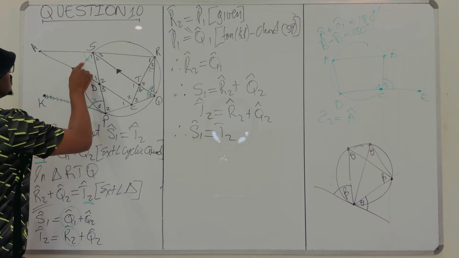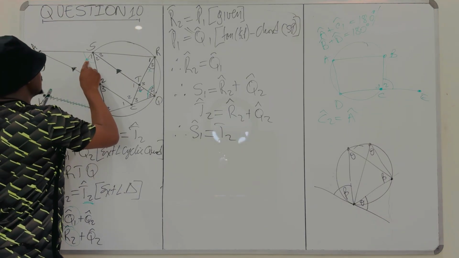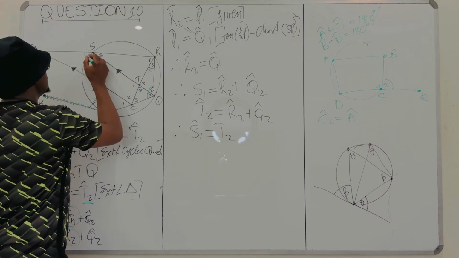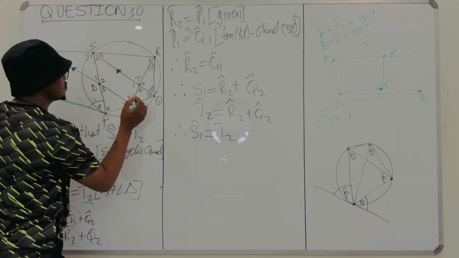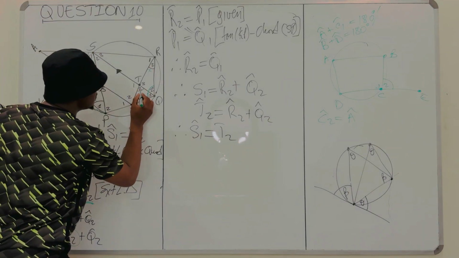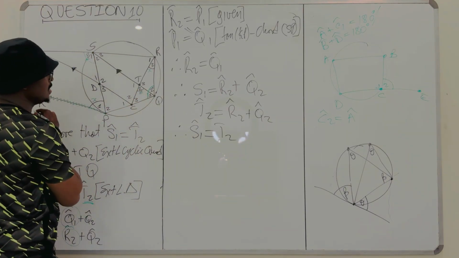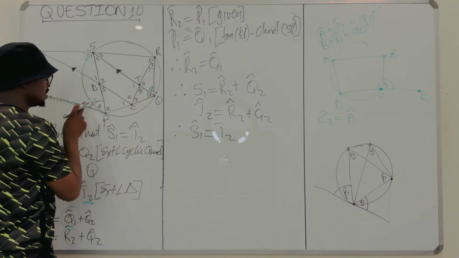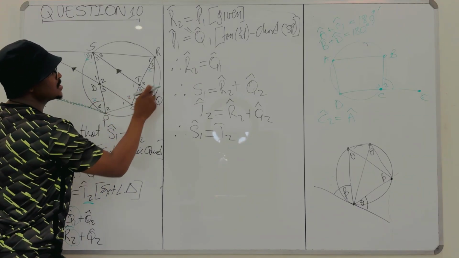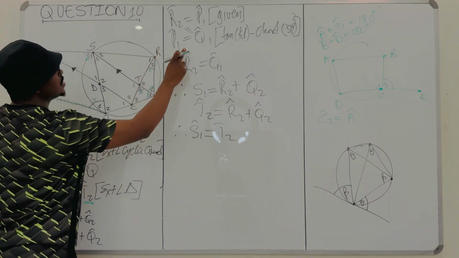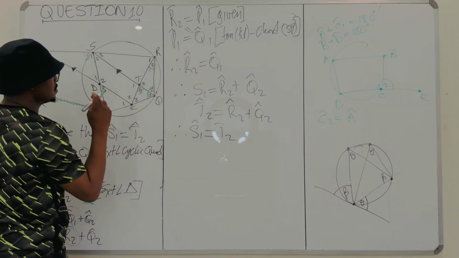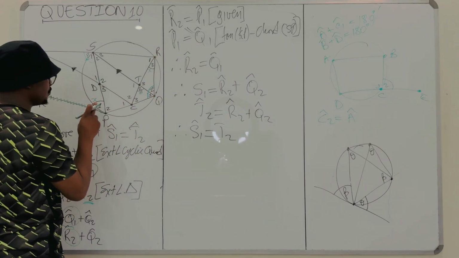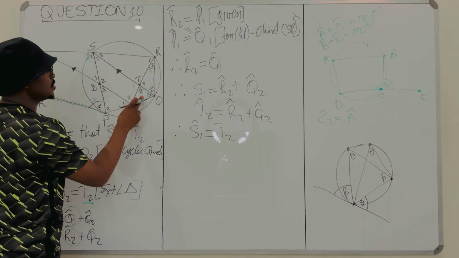So this angle here, let's say I'll call it Z, is equal to this angle right here, right? And this angle here, we said P1 is equal to Q1. That's Tan-Chord, right?